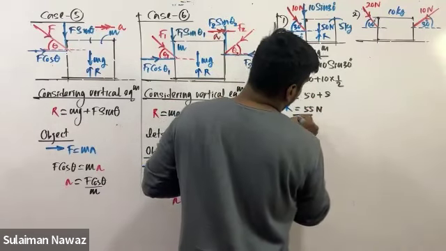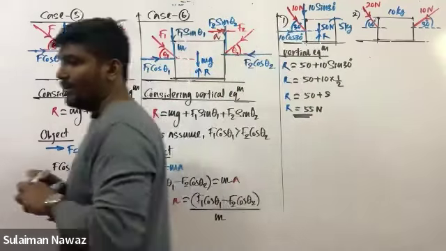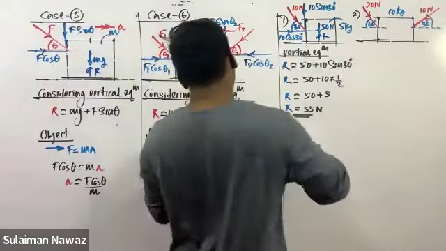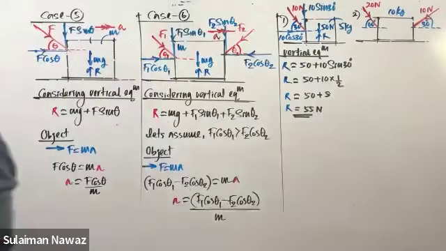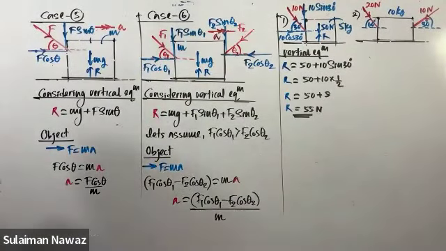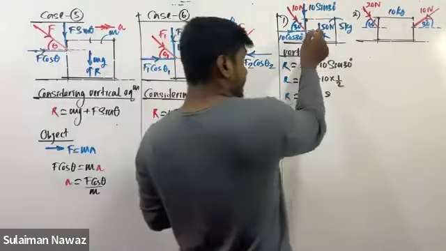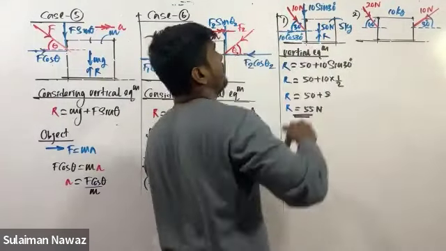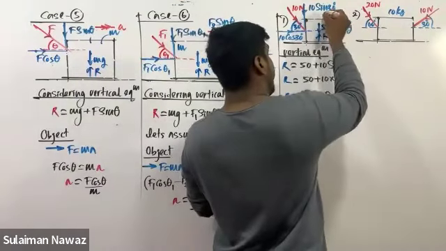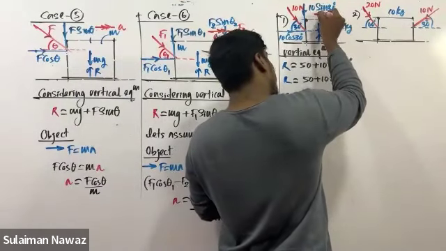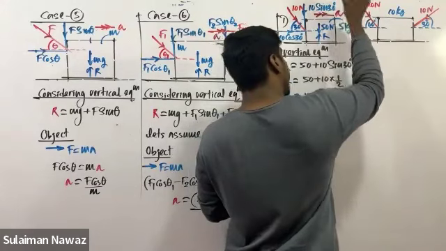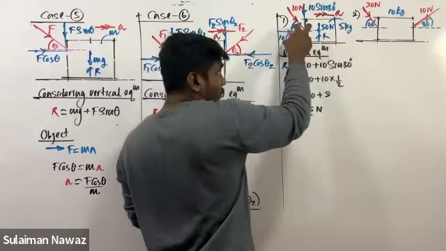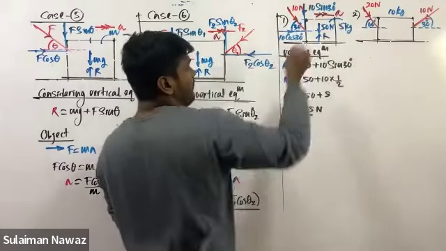Also we want to find the acceleration of the object. How can we find the acceleration? Apply F equals ma. This object is accelerating in the horizontal direction, to the right, because of the external force 10 cos 30.